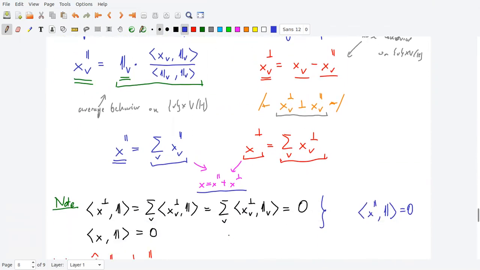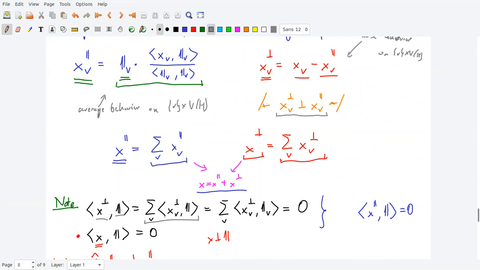So let's make some observations about all these definitions. First of all, I remember that this vector X I'm working with was taken from the subspace orthogonal to all ones, so the scalar product of X and all ones on the whole graph is equal to 0. But now if I take the noise part, the X orthogonal part, and take the cross product with all ones, this is the same as if I added those cross products on separate clouds.